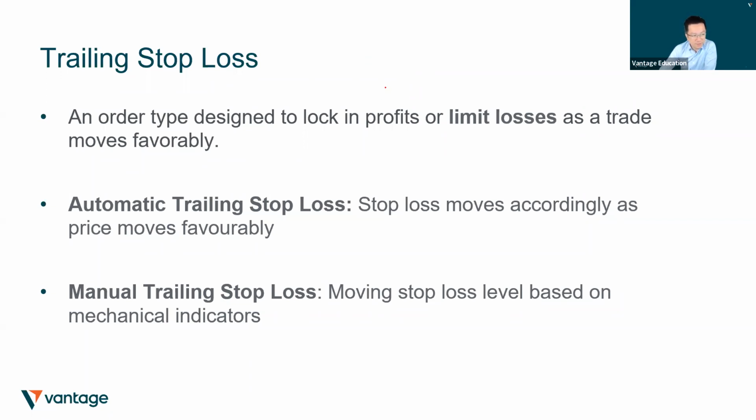Say you want to buy at this point and price goes up this way, you might have a take profit very high up. And we all know that price never moves in a straight line. In fact, price is going to zigzag.